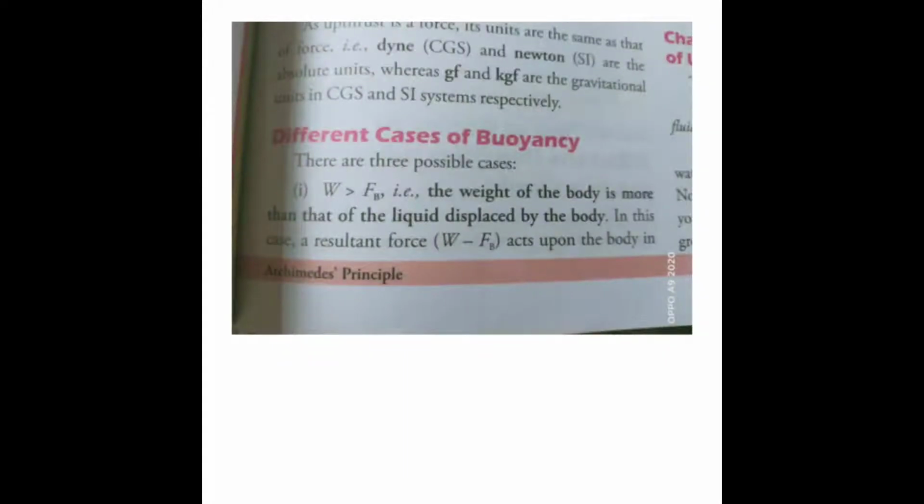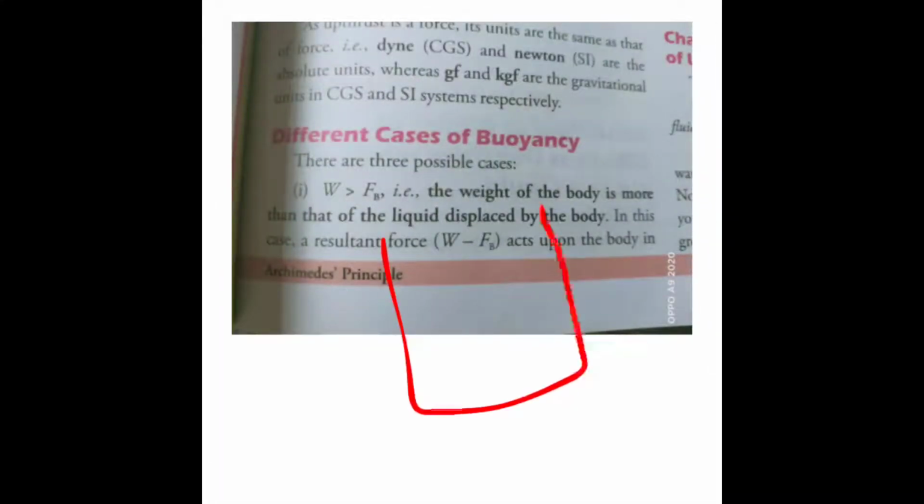So, different cases of buoyancy. Buoyancy can be experienced in three possible cases. The first case is when the weight of a body is more than the weight of the liquid displaced by the body. In that case, the net force is downward.